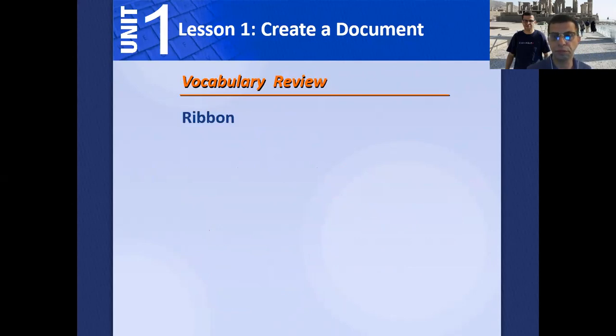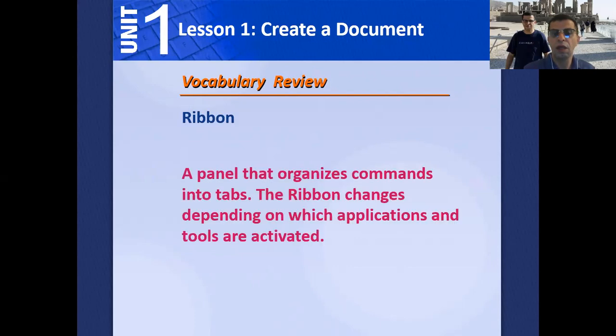Ribbon. A panel that we saw on the top there, a panel that organizes the commands into tabs. So you click on file, there are certain panels, the panel has certain buttons. The ribbon changes depending on which application tool is activated.